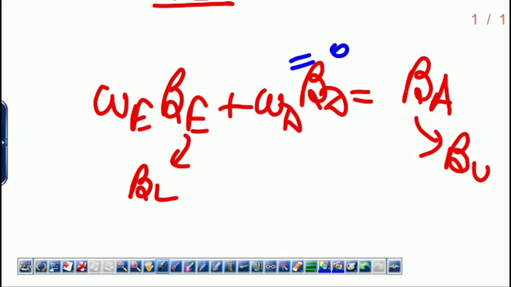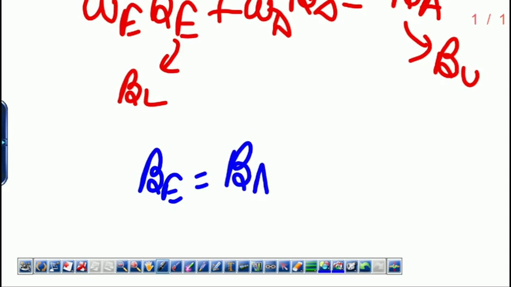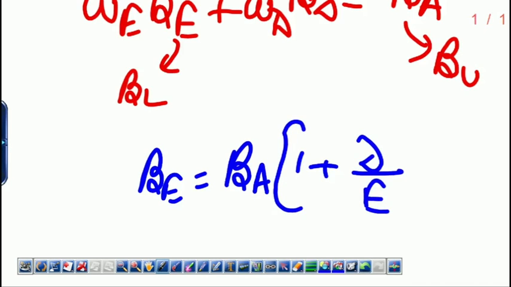If the company has some problem, still it will be able to pay debt and equity shareholders will bear the risk. In that case, the formula is equity beta equals asset beta into 1 plus D by E. This is the formula you have normally done in class, so 90% of the time this is the formula we apply. And of course if tax rate is there, we have 1 minus T.